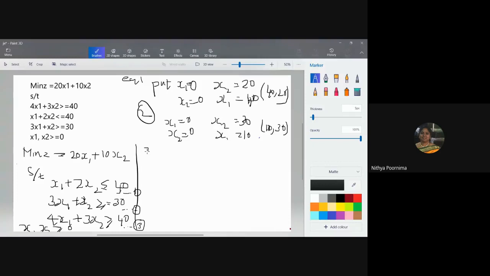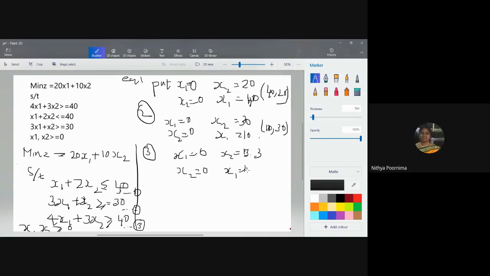For equation 3, if x1 is 0, what will x2 be? 13.3. If x2 is 0, x1 equals 10.